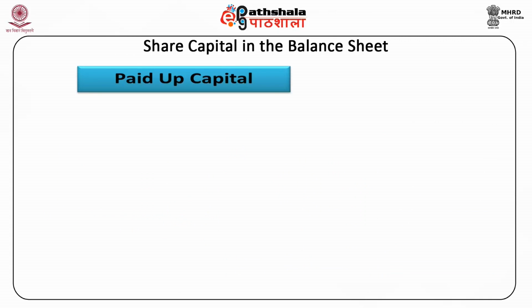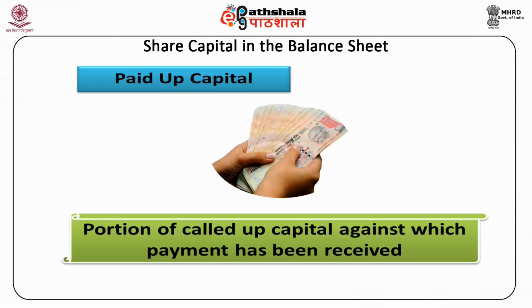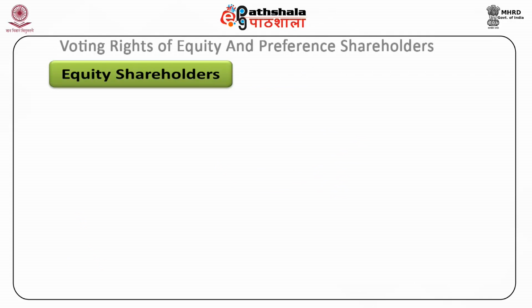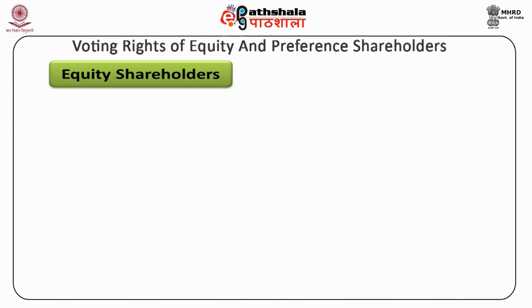Paid up capital. It is that portion of called up capital against which payment has been received. Let us now discuss the voting rights of equity and preference shareholders.